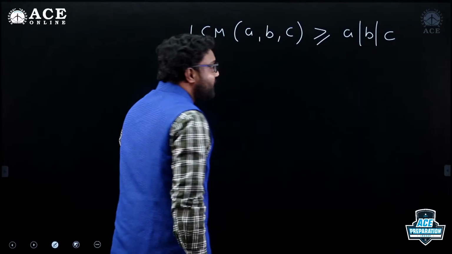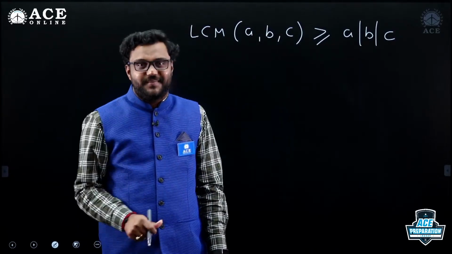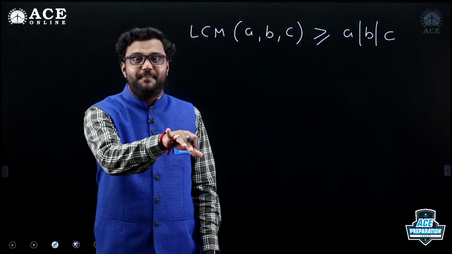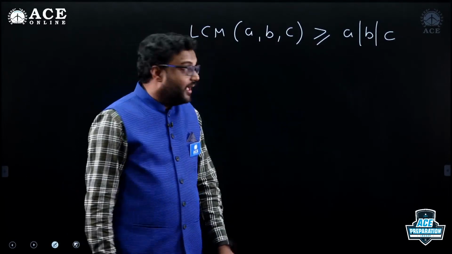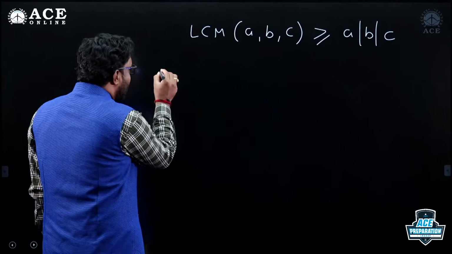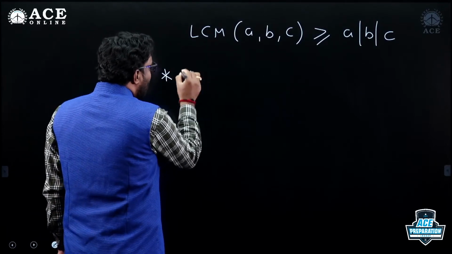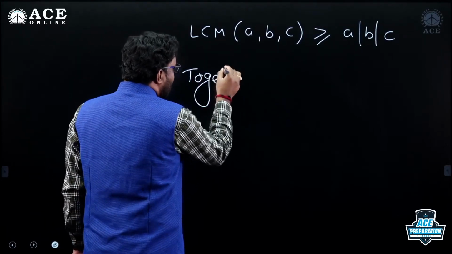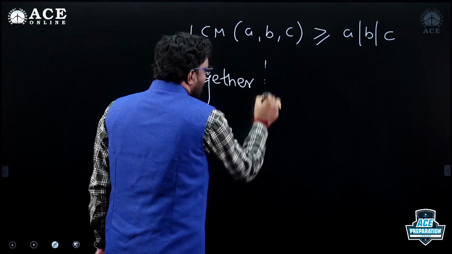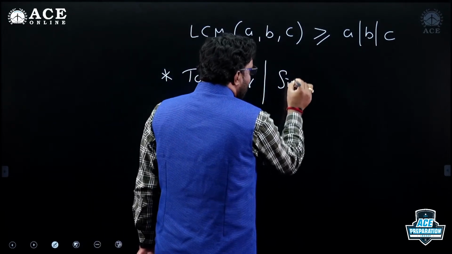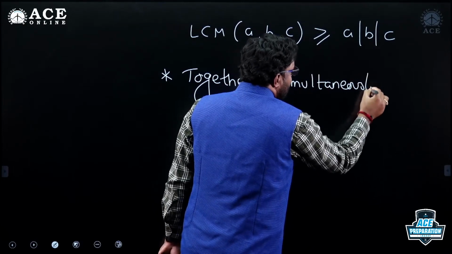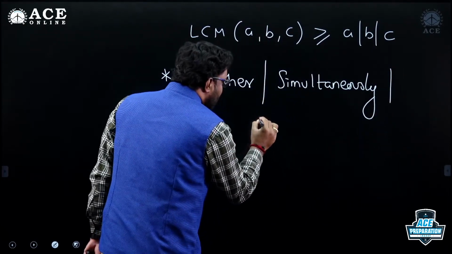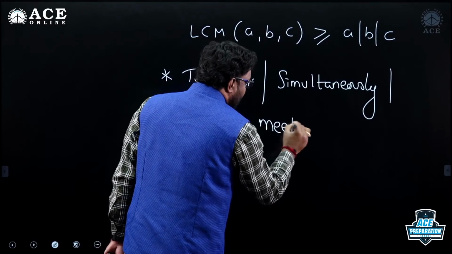We can see this in the options: if the options are bigger values compared to the given numbers, blindly we can go for LCM. And one more keyword: if you see the words together, simultaneously, or meeting, you can go ahead with LCM.